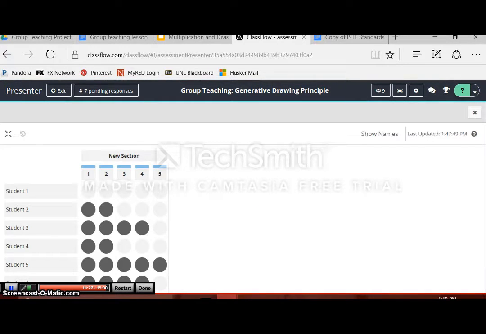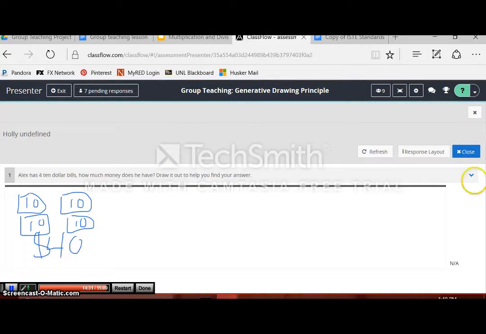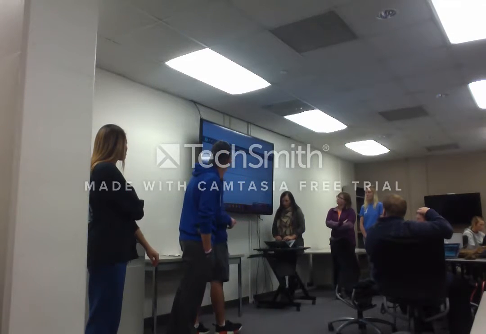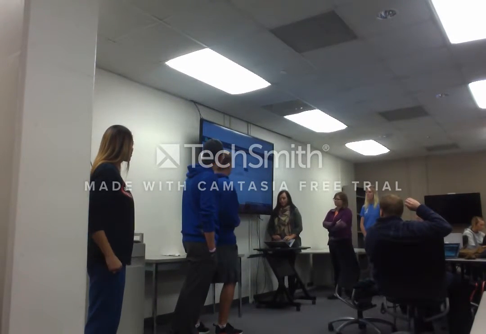You can see different students' answers for the questions, since I can't see all of them at the same time. For the first question it says, Alex has 4 $10 bills, how much money does he have? The student would draw out the different $10 bills and then you would know, okay, there's 4 of them, so there's $40. Then, there are 4 tables in the room and each table has 4 legs, how many legs are there altogether?